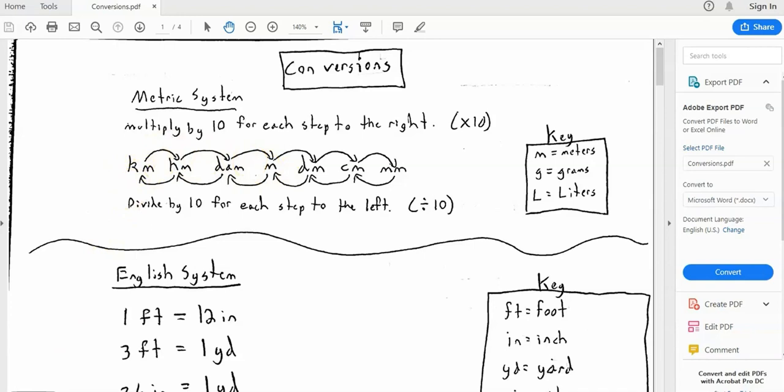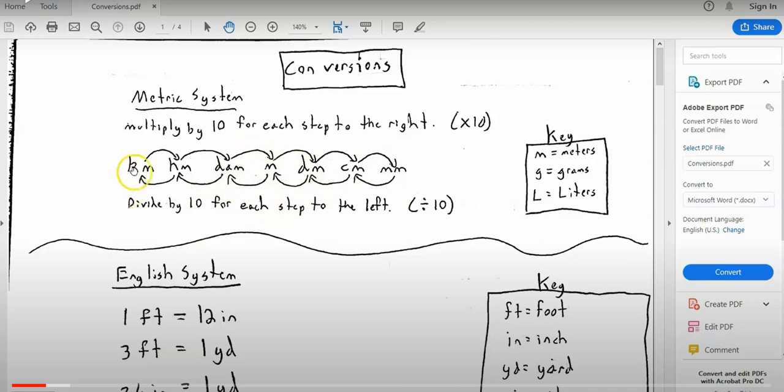If you want to go from a small unit, like the millimeter, to a large unit, like your kilometer, then you're going to divide by 10 as you move across. You'll divide by 10 for every jump that you make. So if I'm going from a millimeter to a decameter, that's 1, 2, 3, 4 jumps. So you would divide by 10 four times.